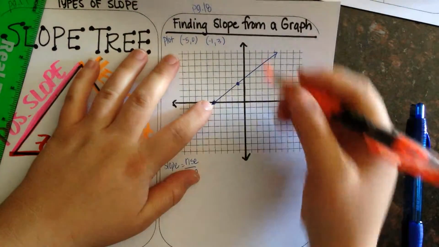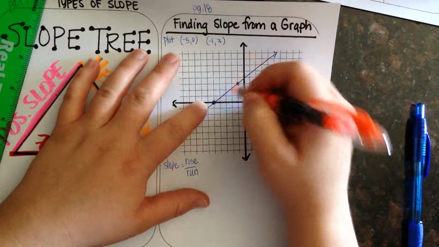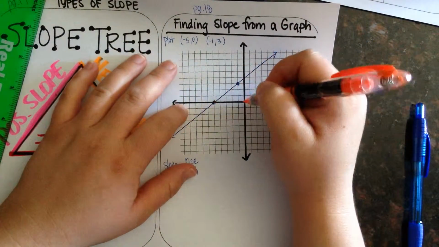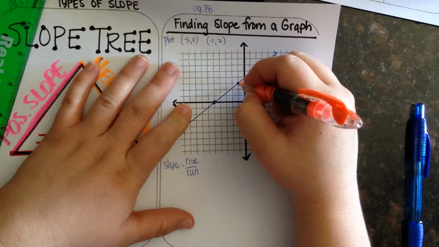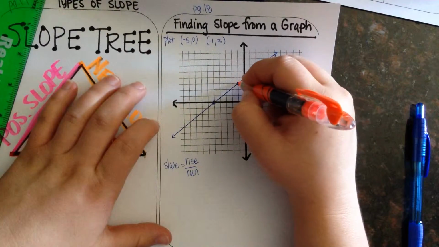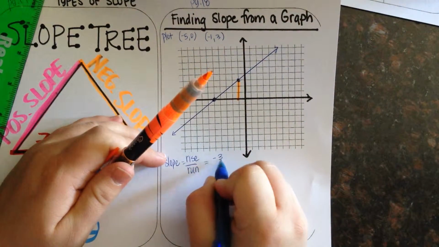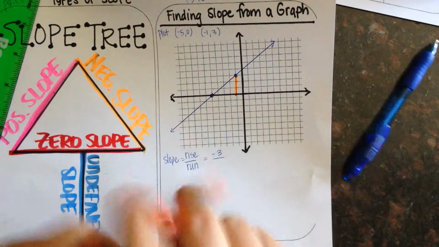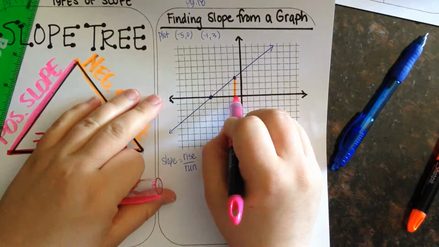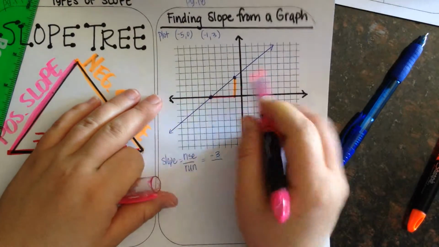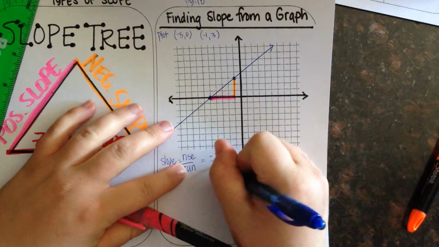And so if I want to do rise over run, I'm going to start at this bottom point or the top point, it really doesn't matter. Let's do the top point so you can see what happens if we do negative values. If I start at the top point and do my rise, in this case my rise is going to go down 3 units, this would be -3, and then from that edge here we're going to go to the left 4 places, and so my run, if I'm moving to the left, is a -4.